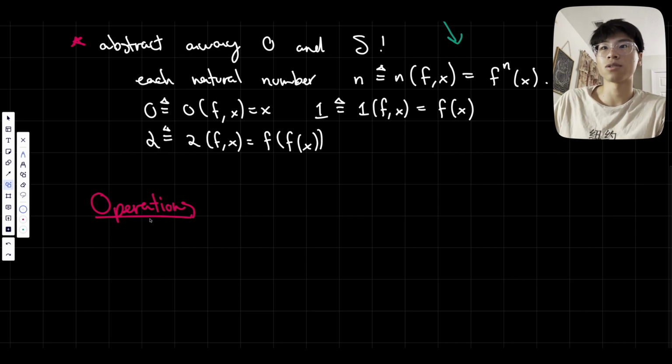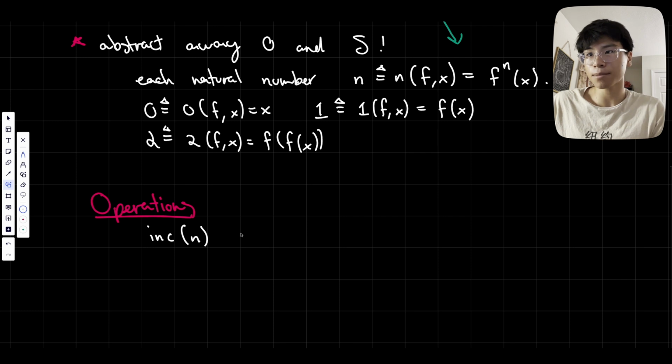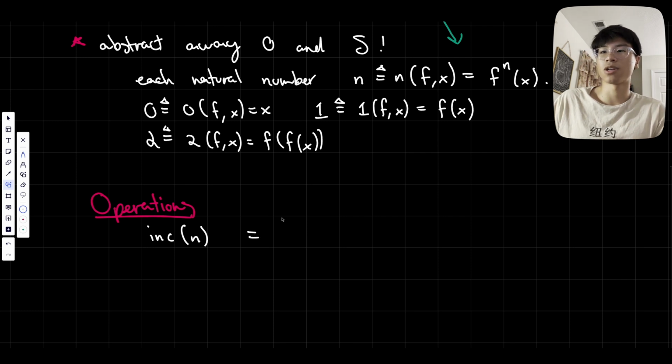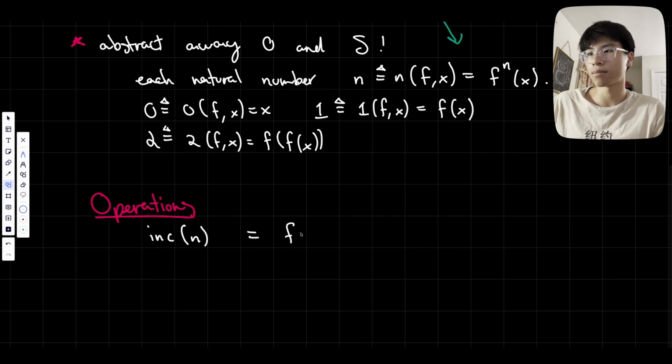Okay, so the first instinct we might have to make this increment function is to take an argument n and simply return f of n. However, n is also a function that needs to take in the same f. We need to make sure that f on the outside is the same as the f inside the n.